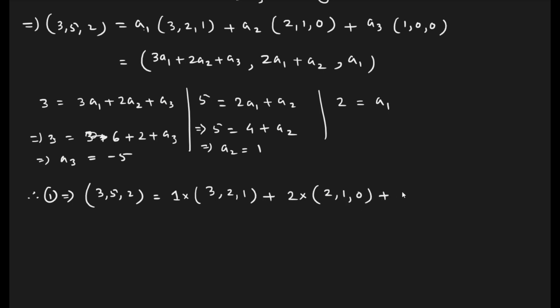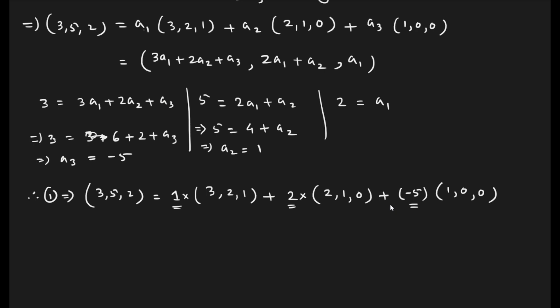And then a3 into v3: a3 is minus 5, so it's minus 5 into (1, 0, 0). So we have expressed v in terms of v1, v2 and v3.